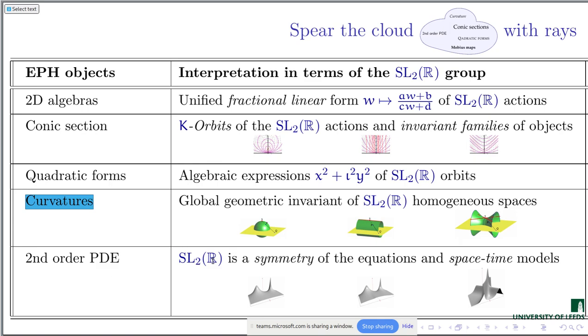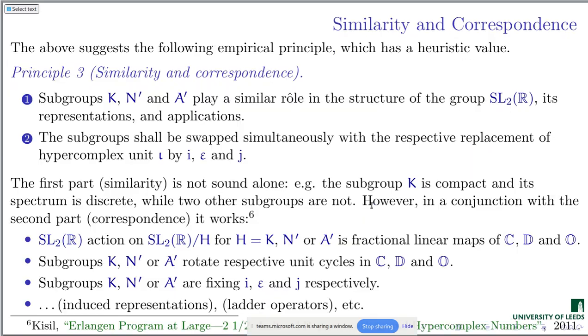And SL2(R) gives the symmetries corresponding to second-order partial differential equations, so it is naturally connected with physical problems which are described by these equations of mathematical physics.